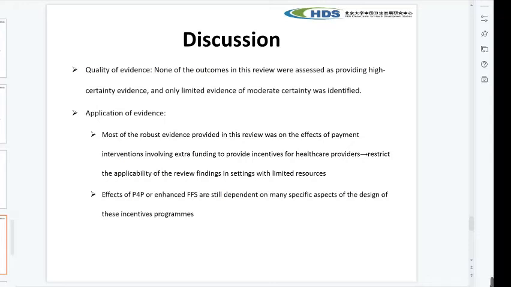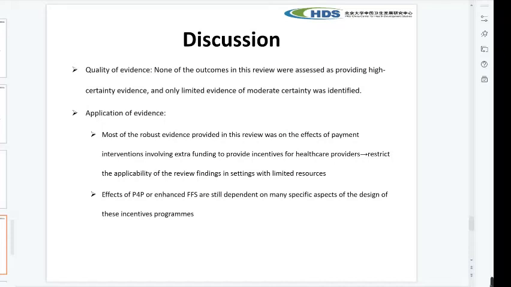Most of the robust evidence provided in this review was on the effect of payment interventions involving extra funds to provide incentives for healthcare providers. So it means that the purchaser or insurer needs more money for these interventions. It risks the application of the review findings in settings with limited resources, where all the resources have problems of sustainability.